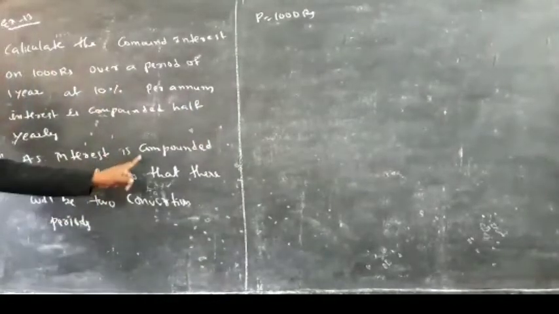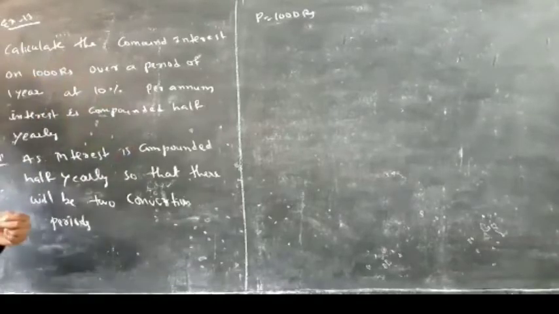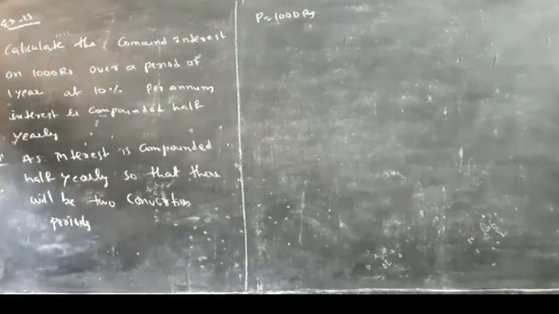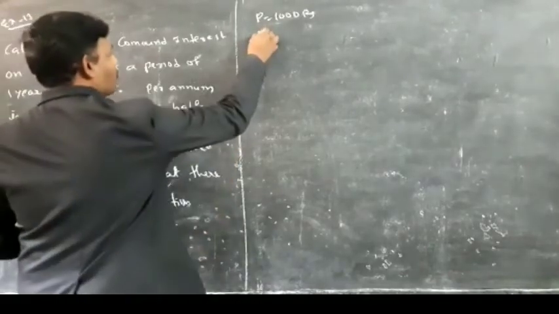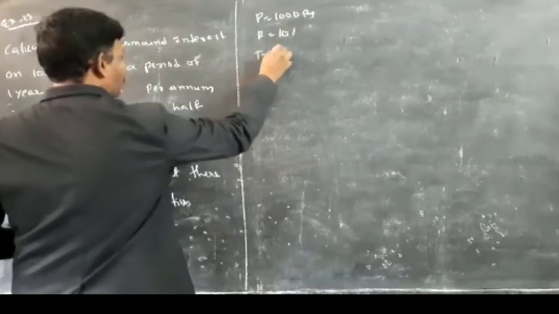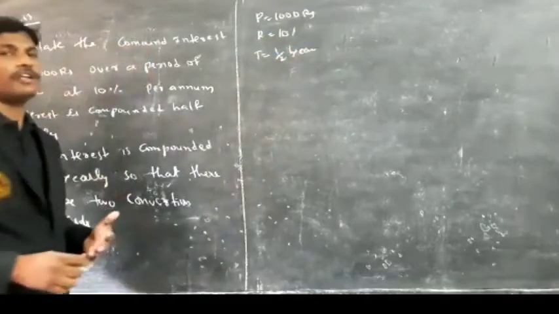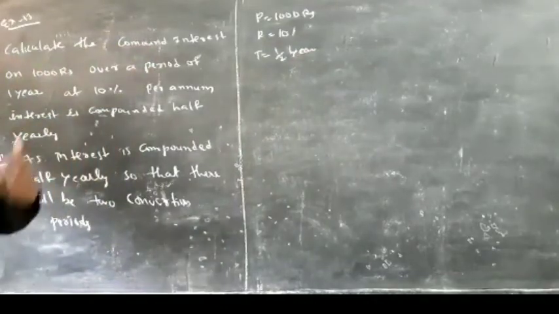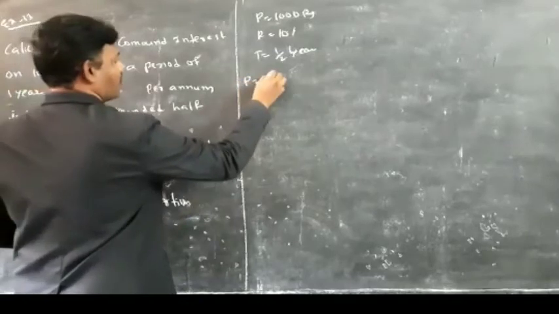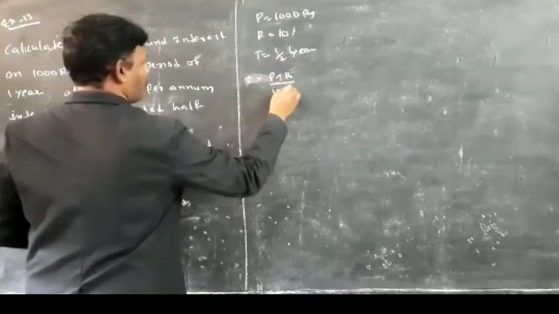As interest is compounded half yearly, there will be two conversions: first half year interest and also second half year interest. So P is 1,000, R is equal to 10%, and time duration, first taking half year. Why? Because he is paying the interest half year and also half year. There will be two conversions. So I is equal to PTR by 100.